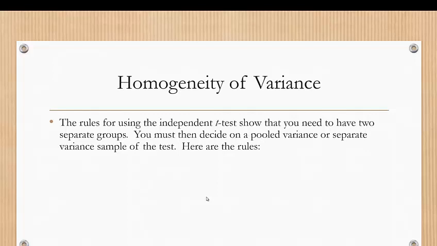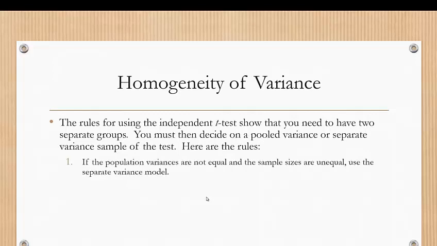But we have some specific rules dealing with variance. Okay, so we've determined that there are two groups of people, so we need to do an independent test. But now we have to ask two questions. Are the numbers of people in the groups the same or not? And is the variance in the two groups the same or not?